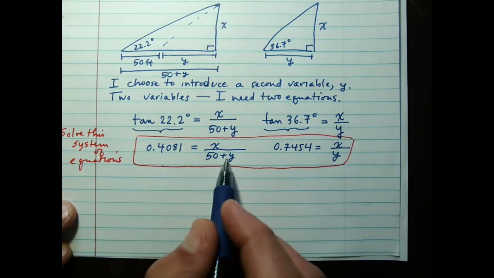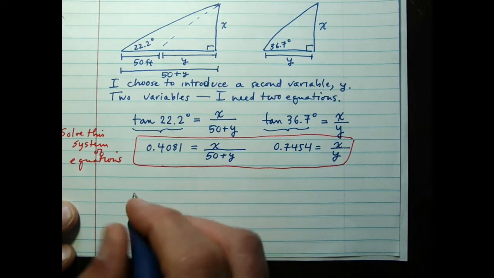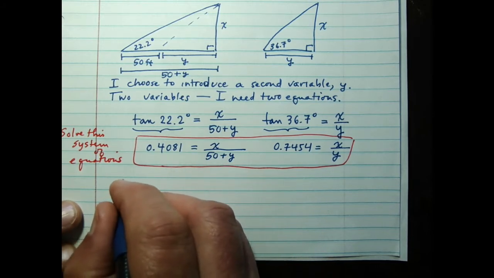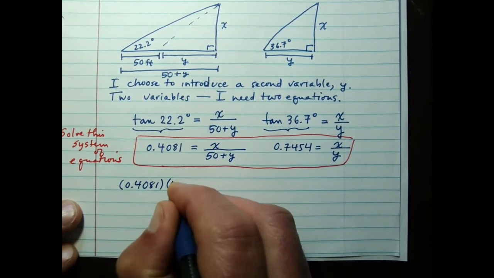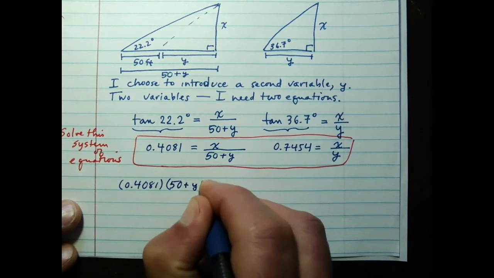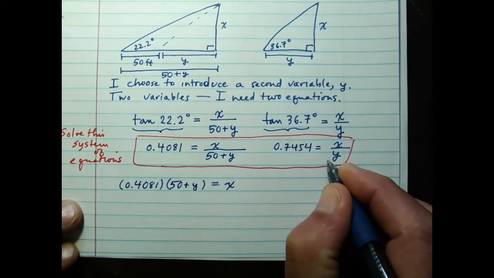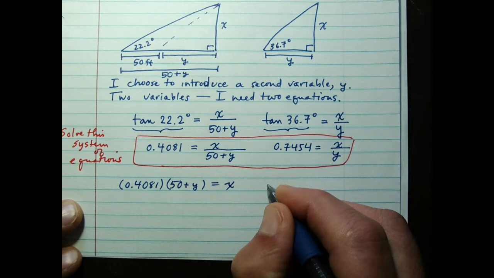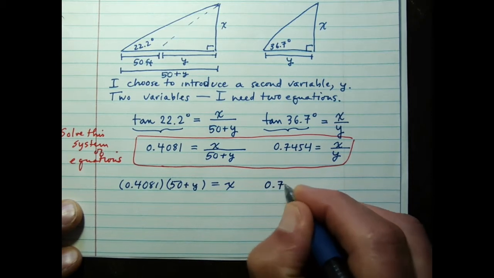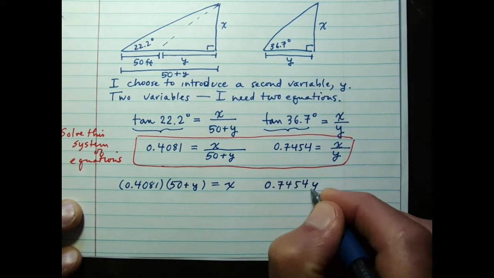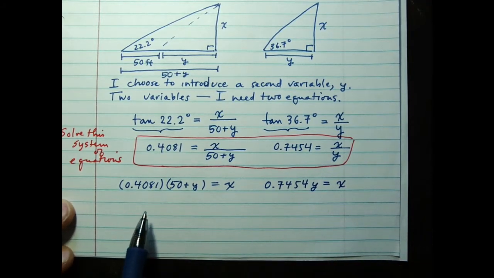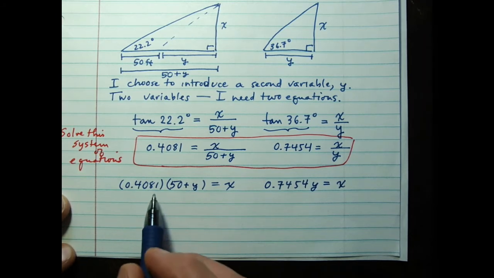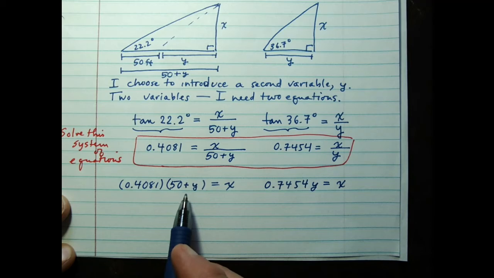I can multiply both sides of the first equation by 50 plus y, and I get 0.4081 times (50 plus y) equals x. And in the second equation, if I multiply both sides by y, I get 0.7454y equals x. And I kind of like that because this looks a lot less complicated all of a sudden.